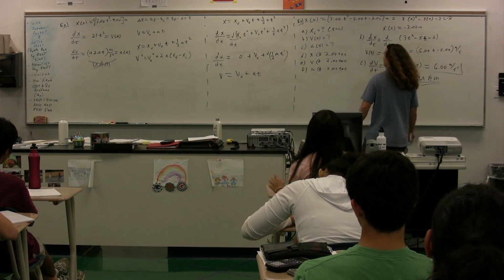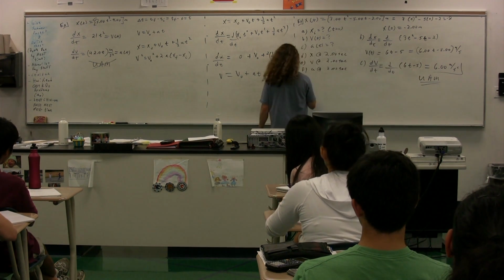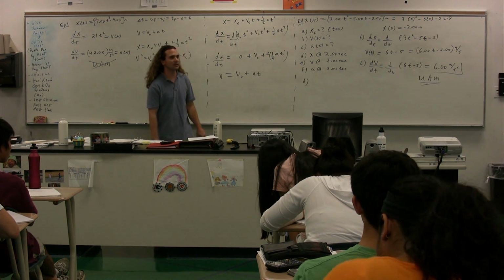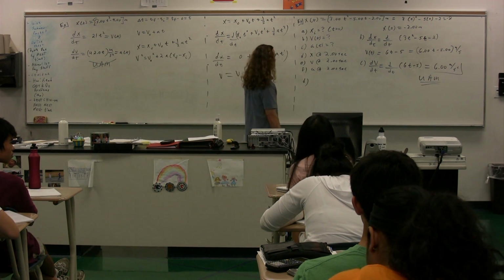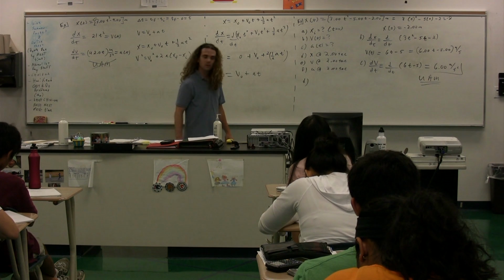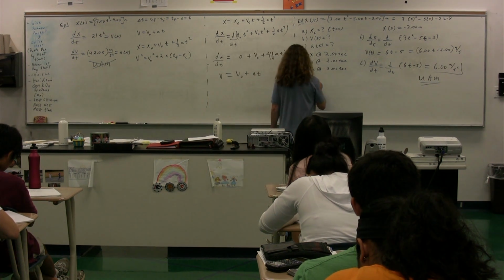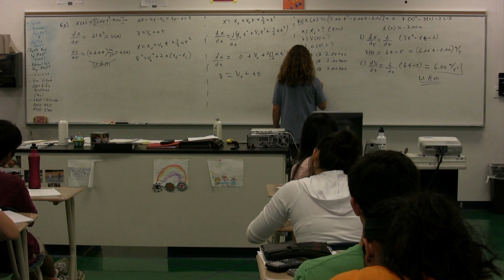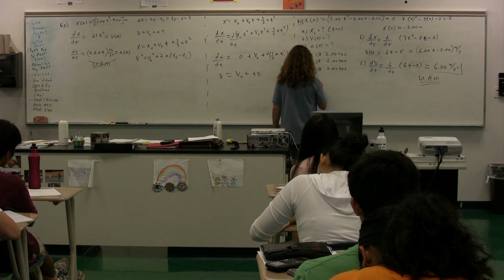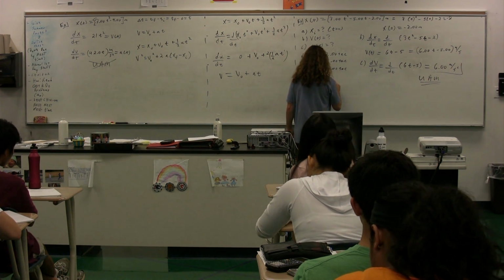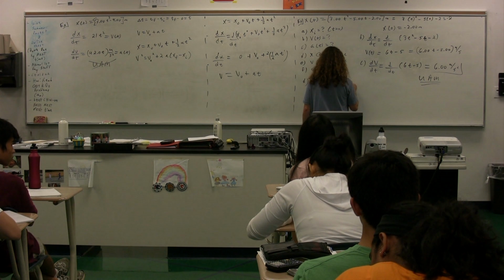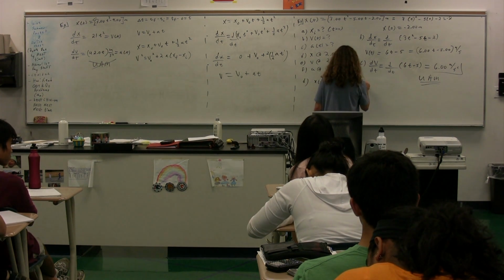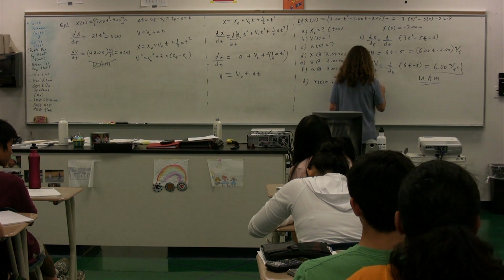Coming back to here, what is the position at 2 seconds? Ciccarelli, how are we going to figure that out? You use the equation for x, which is 3t squared minus 5t minus 2, and you substitute 2 in for t.